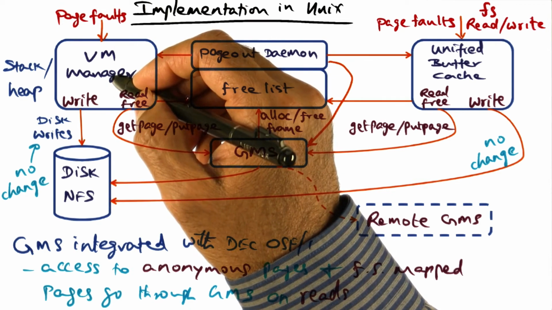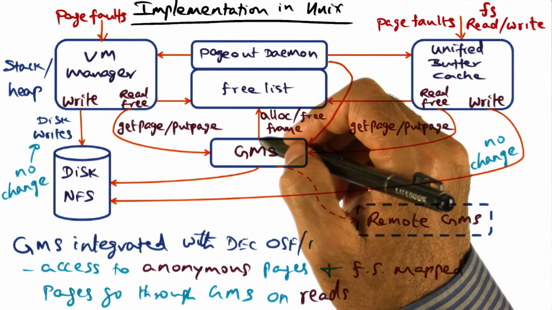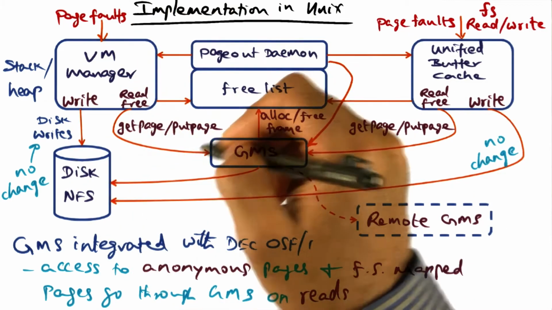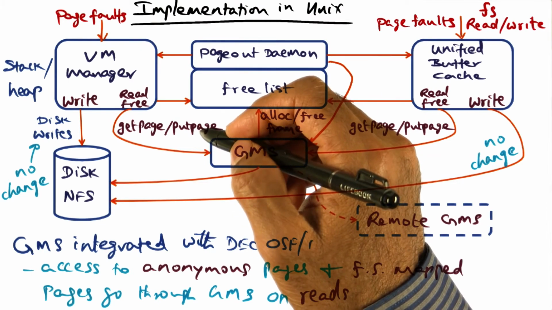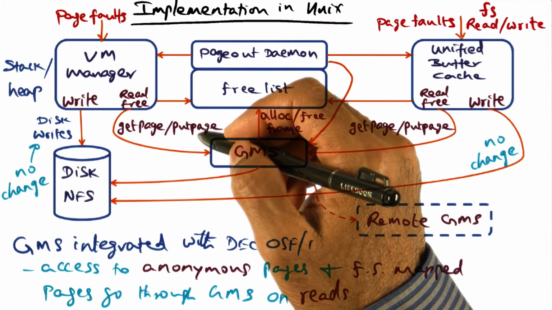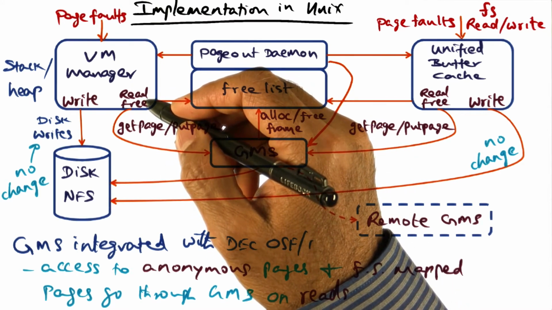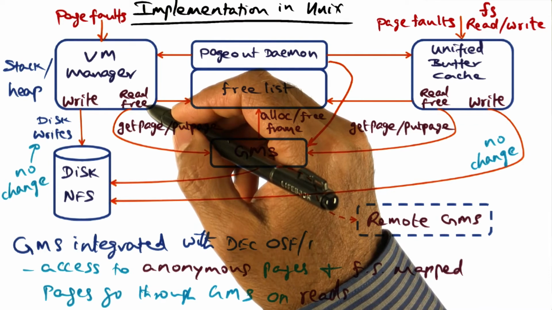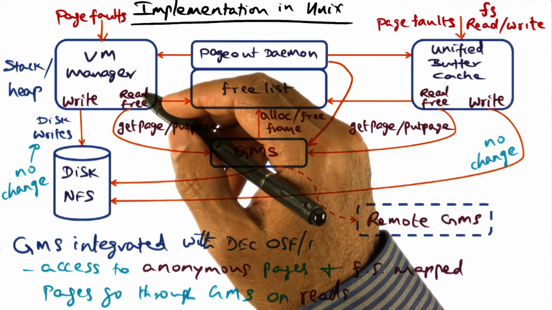In order to do that, the authors of GMS had a daemon as part of the memory manager in the OSF implementation. That daemon's job is to dump information from the TLB. If you recall, the TLB, the translation look-aside buffer, contains the recent translations that have been done on a particular node.